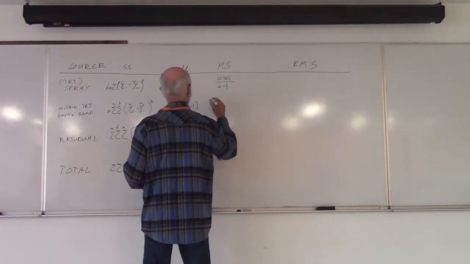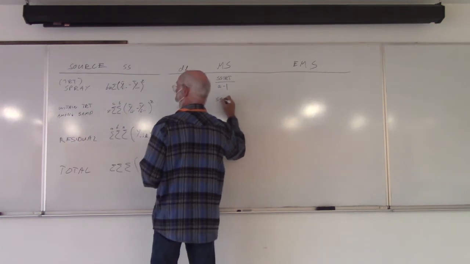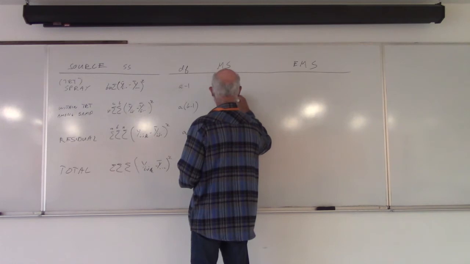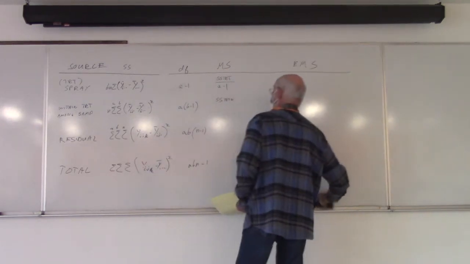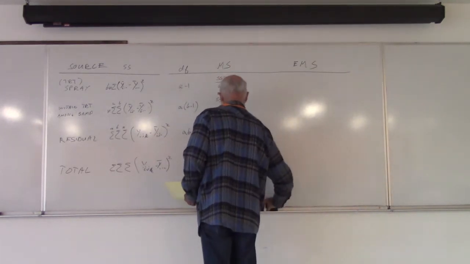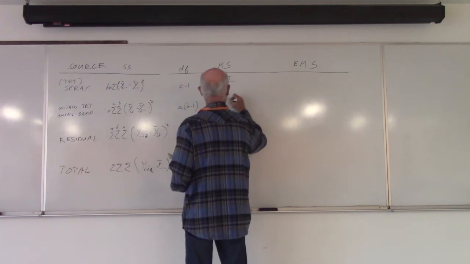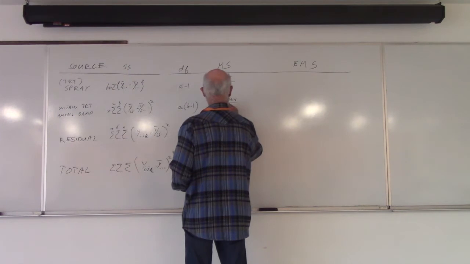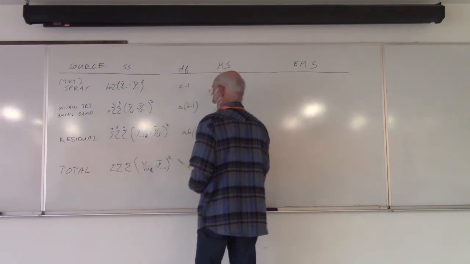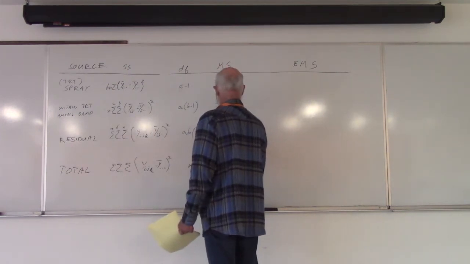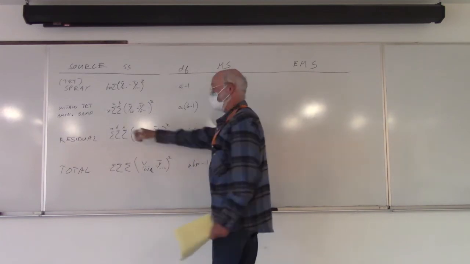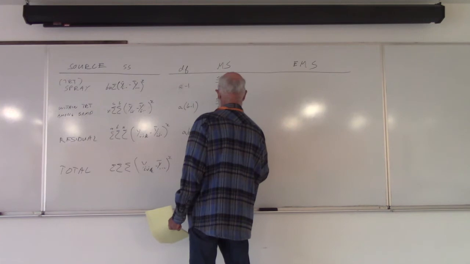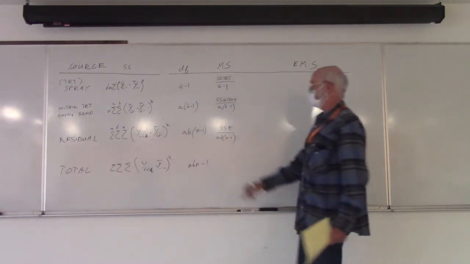Here I've got SS treat within, I'm just going to put within, so the sum of squares within divided by a times b minus 1. Here I've got SSE for error divided by ab times n minus 1, and I don't have to worry about that one.